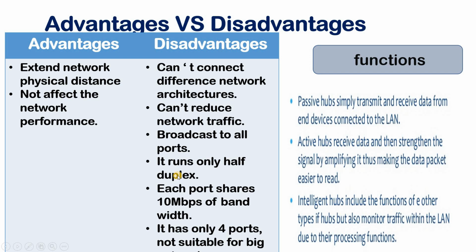Half duplex means when we are communicating between the server and the client, at one time only the server sends the message, and at another time only the receiver sends the message. Both the sender and receiver can't communicate at the same time. That is the problem. That's why it runs only half duplex.